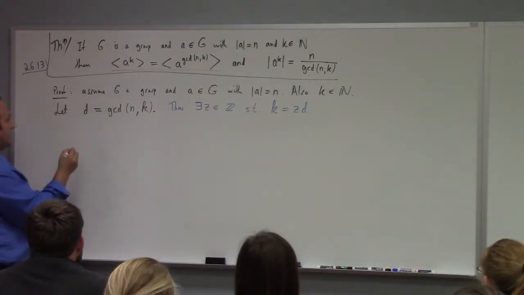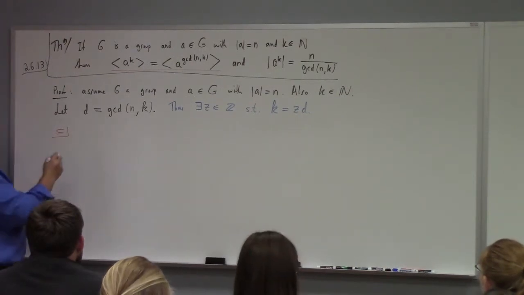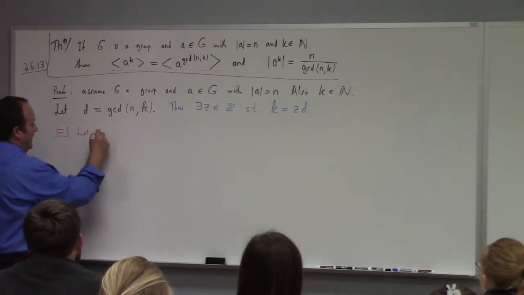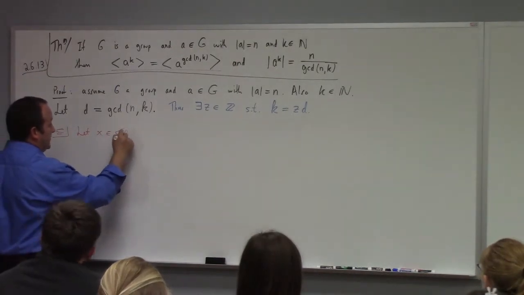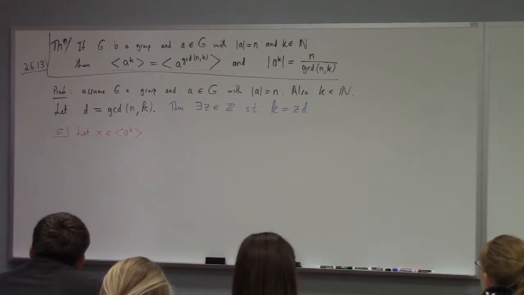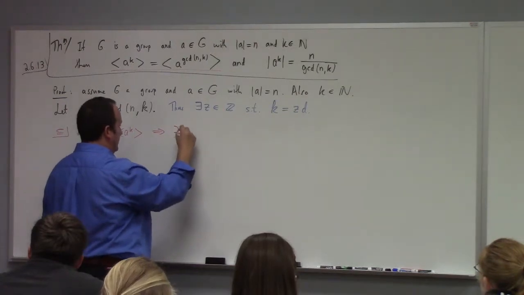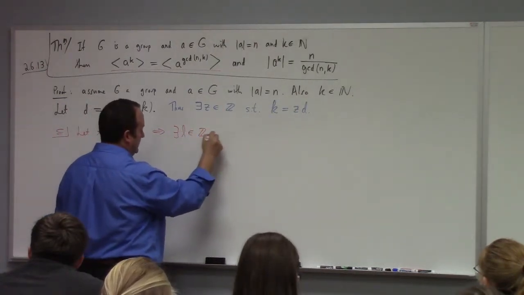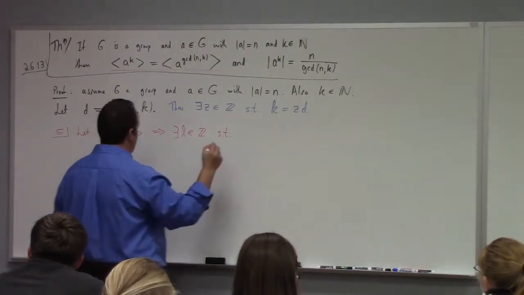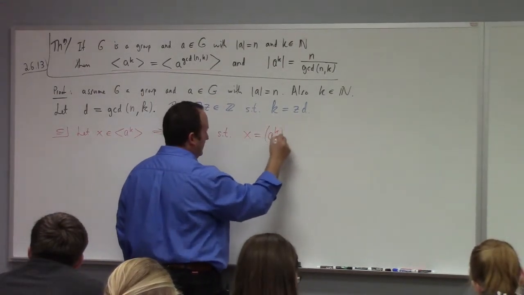So I'm going to work on this subset to start with, right? I'm going to say let x be an element of the cyclic subgroup of G generated by a to the power k. What's that mean? That means there exists an integer l such that x is equal to (a to the k) to the l.